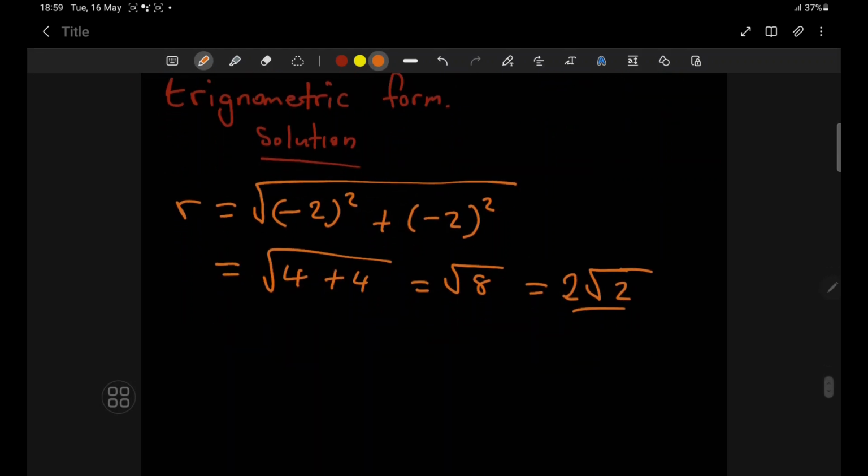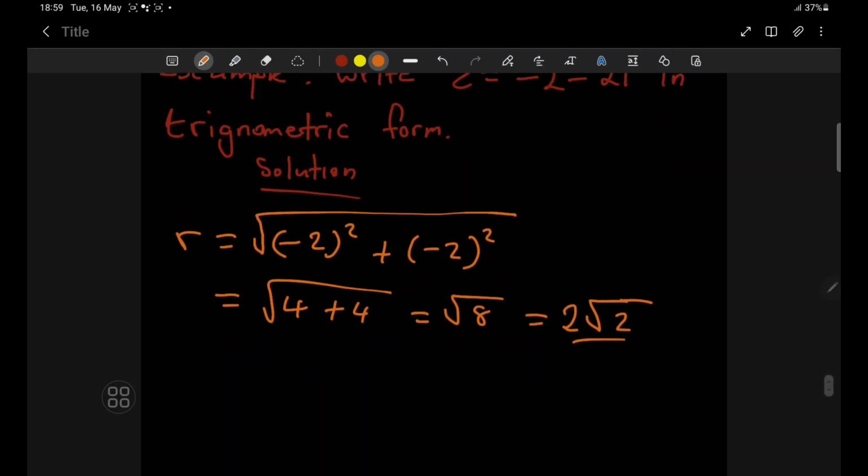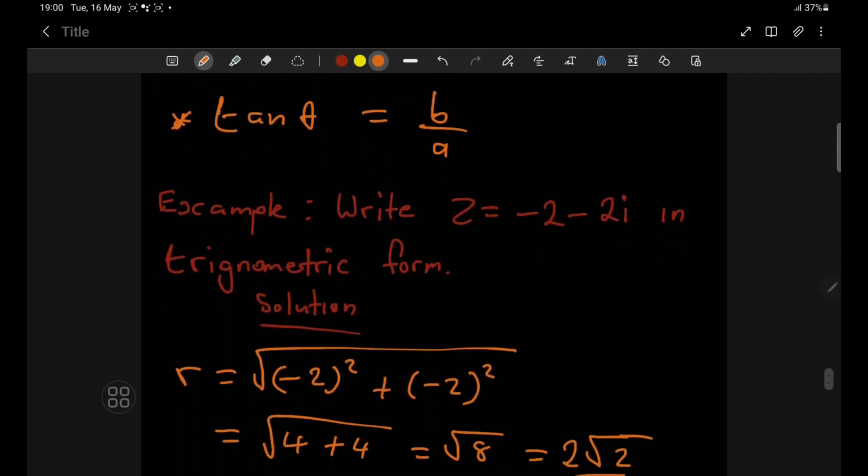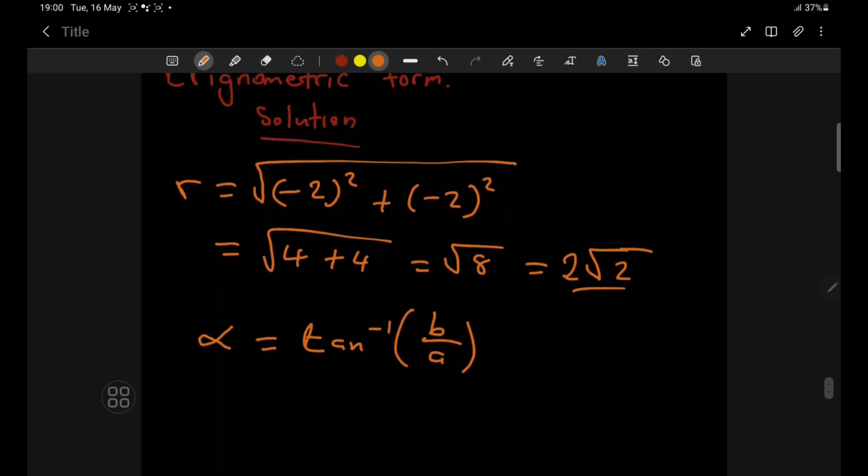Then we can also look for the angle. So to determine theta, let's use the reference angle. Let's say we'll use alpha. So alpha will be equal to tan inverse of b over a. Remember we said tan theta is equal to b over a. In this case, we want the reference angle, so we've used alpha.